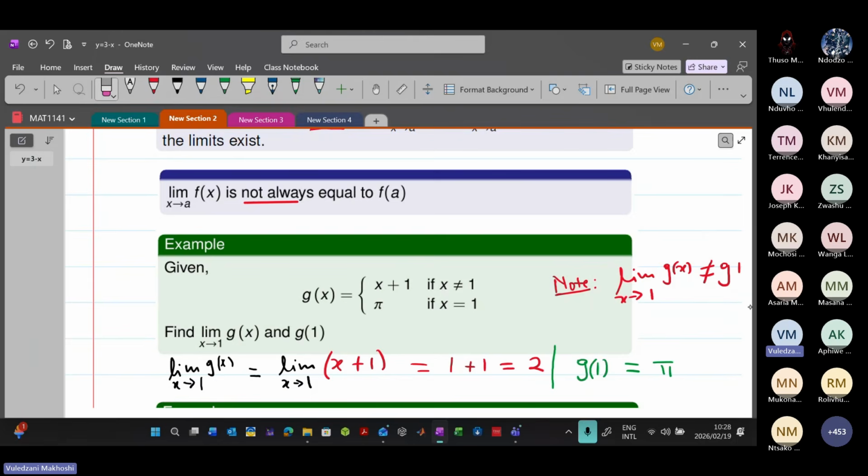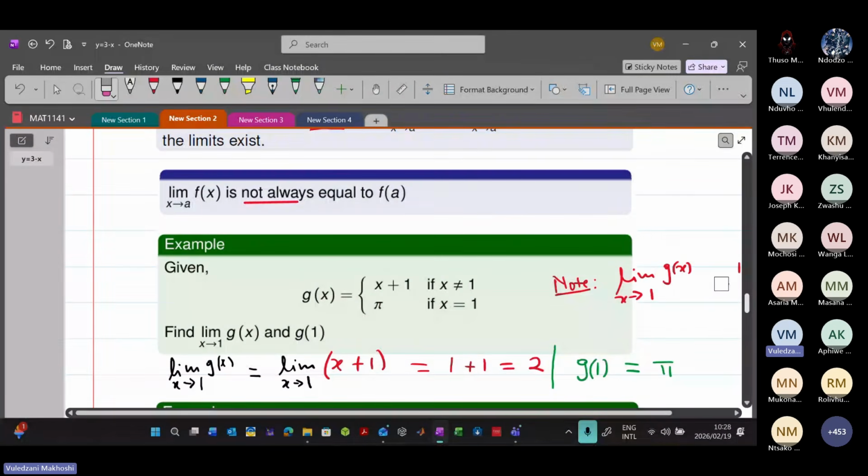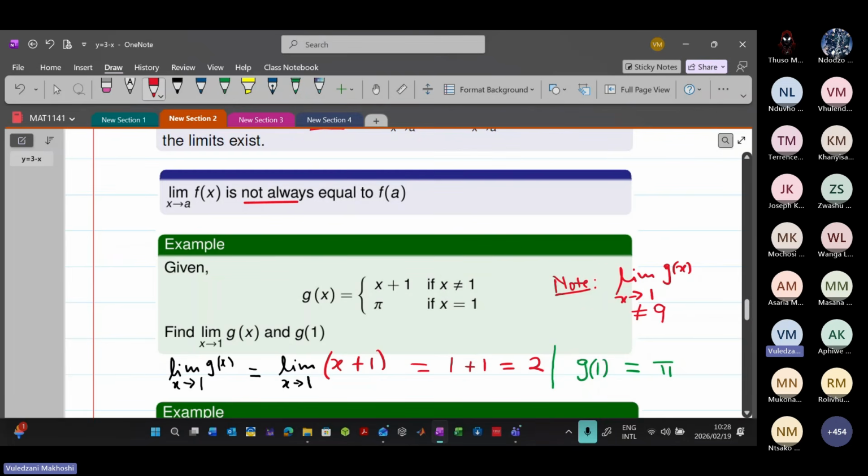That's the thing that I want you to observe, that the limit of g of x is not equal to g of 1. That's very important. The g of 1 is pi, but the limit of g of x when x approaches 1 is equal to 2. So you don't necessarily say, I will substitute x equal to 1, and then I will get the correct answer.